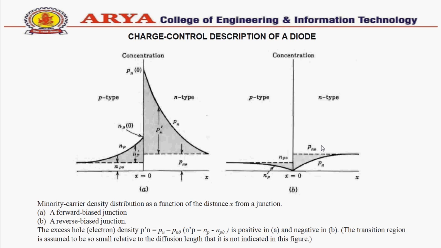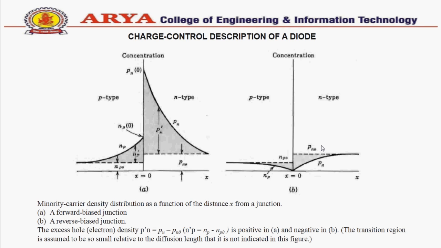The charge control categorization of a diode describes the device in terms of current I and the stored charge Q, whereas the equivalent circuit categorization uses the current I and the junction voltage V. One immediately apparent advantage of this charge control description is that the exponential relationship between I and V is replaced by the linear dependence of I and Q. The charge Q is also a simple parameter, the sign of which determines whether the diode is forward or reverse biased.